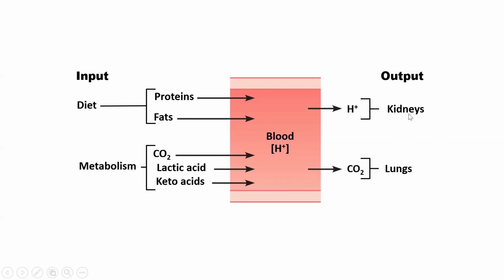So the kidneys have the ability to secrete hydrogen ions and lose it in the urine. And the lungs have the ability to blow off excess CO2, again, losing it through excess ventilation, blowing it off through the lungs. And so these are two ways that we can lose some of the acidity that may begin to build up in the blood.